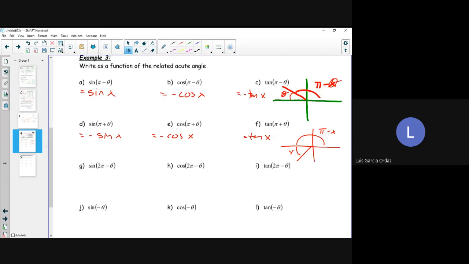This is going to be in quadrant 4. The only thing that's going to be positive is cosine. So this is 2 pi minus x, and then the related acute angle is x. So everything is going to be negative except for cosine. Negative tan of x.